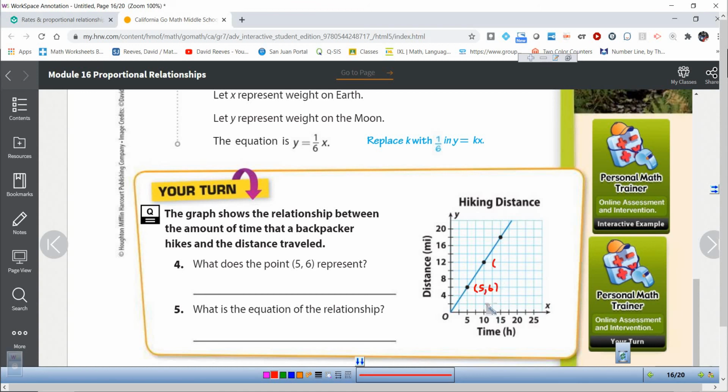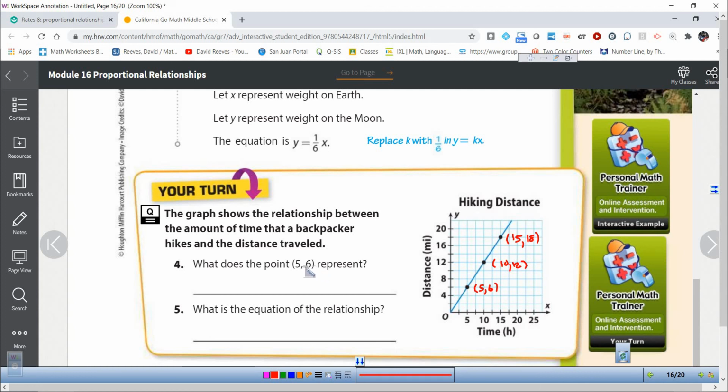This point right here is 10, 12, and this point right here is 15, 18, right? And we could also put these points in a table if we want to. I'm not going to. And then we're going to look for the equation. So this is x and this is y.